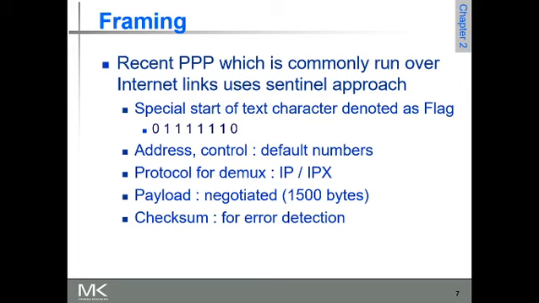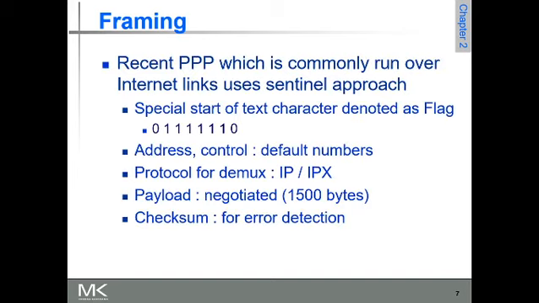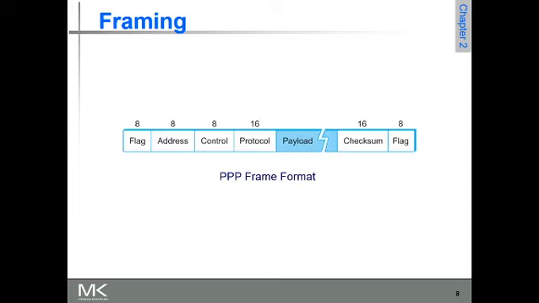There is a flag field at the start and at the end of a PPP frame format. Here the flag field is 0, then six ones, and then 0. It will be there at the starting and at the ending of a PPP frame format.